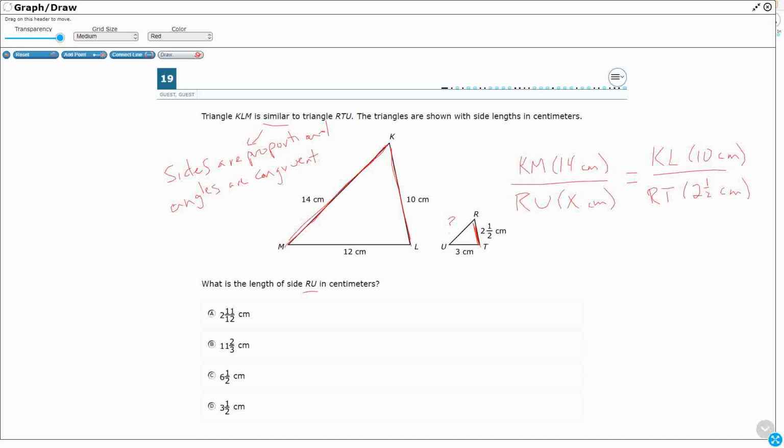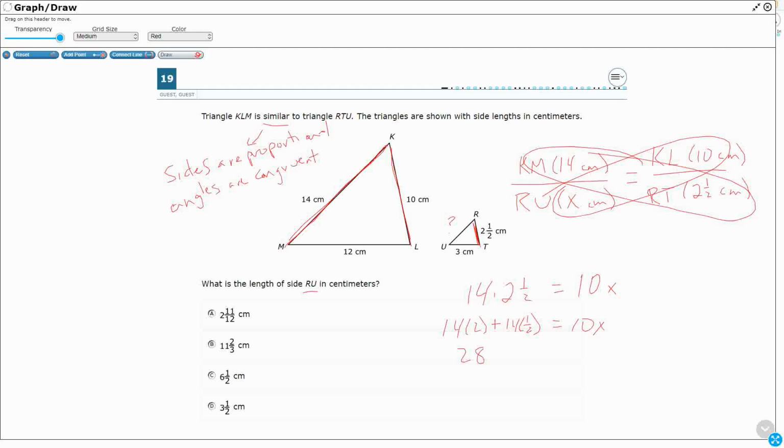Right, so since this is proportional, we can use cross multiplication here. Now I'm just going to use the 14. 14 times 2.5 equals 10x. Well, let's see, 14 times 2, I can actually split it up if I want to, plus 14 times a half, it's going to equal my 10x.